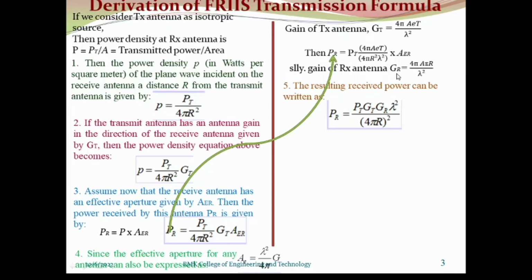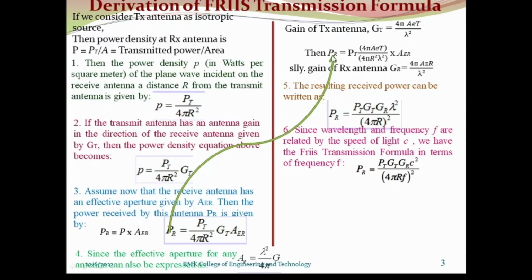So now the resulting received power can be written as PR is equal to PT GT GR lambda squared by 4 pi R squared. We know the value of GR is over here. So substitute all these relations, then we will calculate this formula. From the gain of the receiving antenna, we calculate AER, and we substitute over here in these relations, then we can calculate the received power.